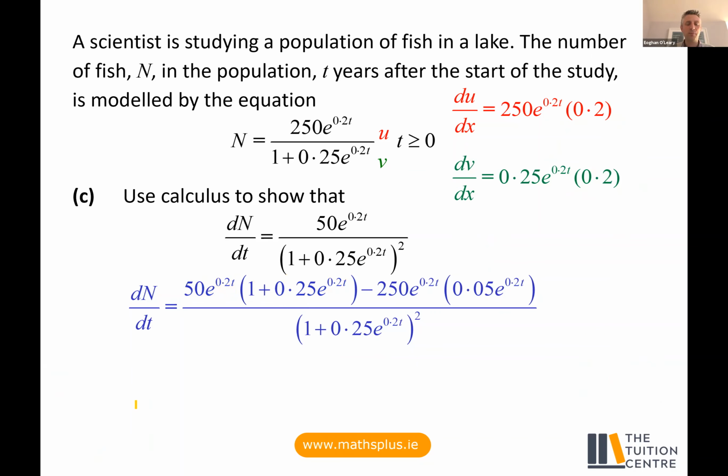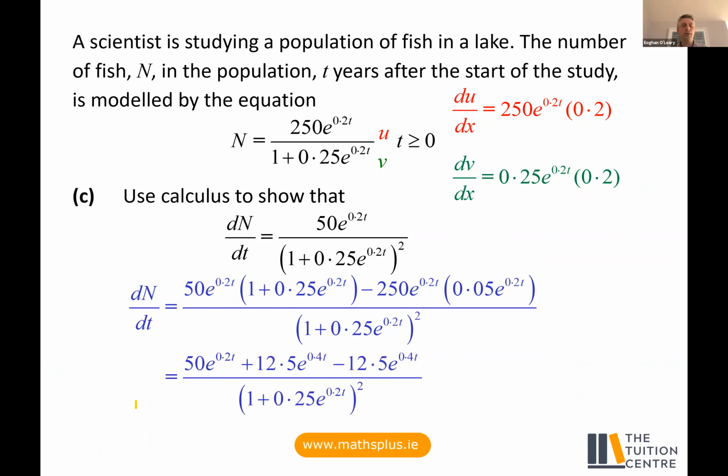So I just have to be careful with that here when I'm multiplying through. 50 e to the power 0.2t times 1 will give me 50 e to the power 0.2t. There's no change. But then when I multiply 50 times the 0.25, that's going to give me 12.5, e to the power 0.2t times e to the power 0.2t. Again, you're adding the powers, so you're going to get e to the power 0.4t.